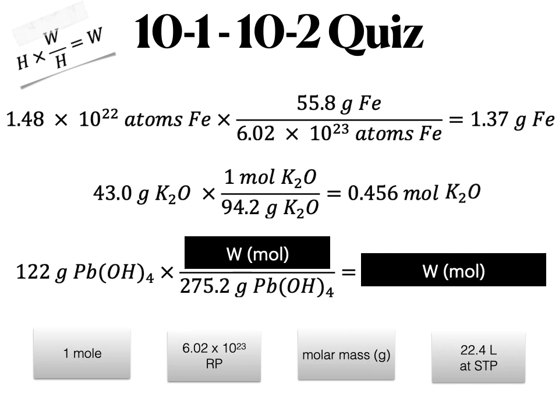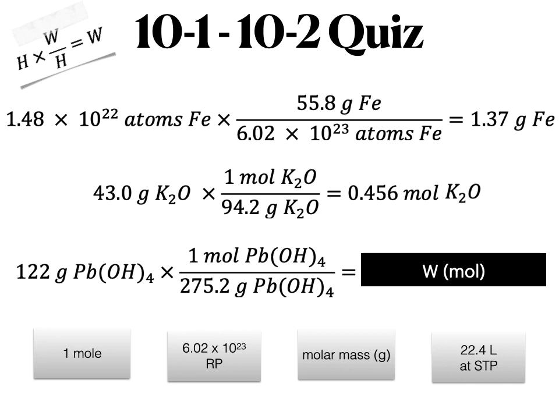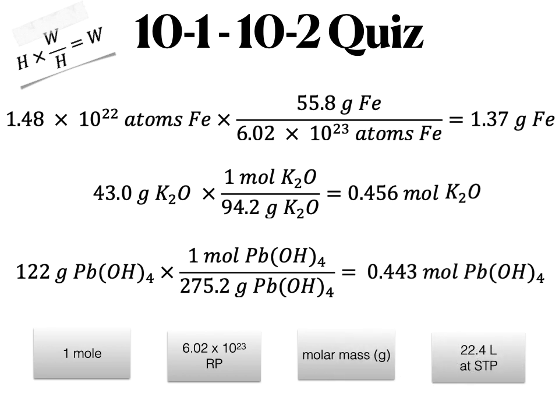Now I want moles, so down below you see you used 1 mole for that. The math is 122 times 1 divided by 275.2, which gives me 0.443 moles of lead 4 hydroxide. Now you'll notice all 3 of these start with 3 significant digits, so they end with 3 significant digits.